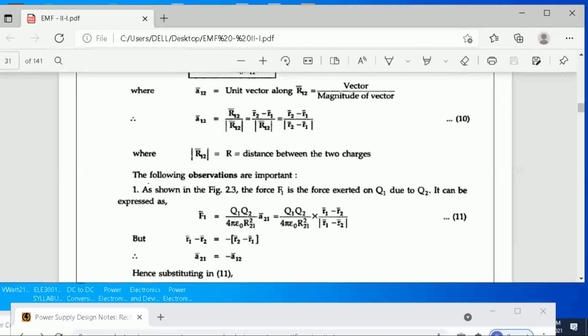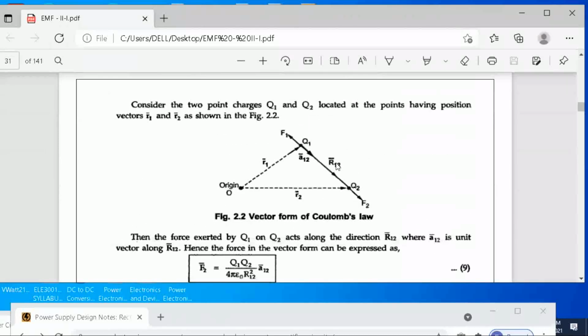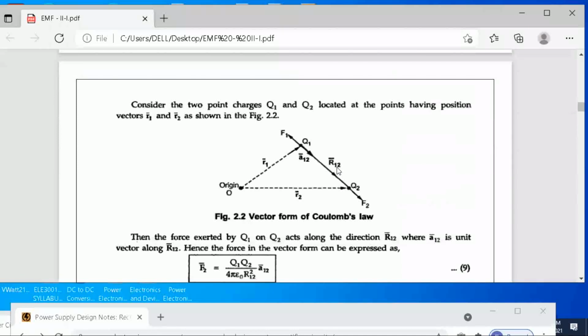The unit vector R12 is merely the opposite or the reverse of the vector R21.